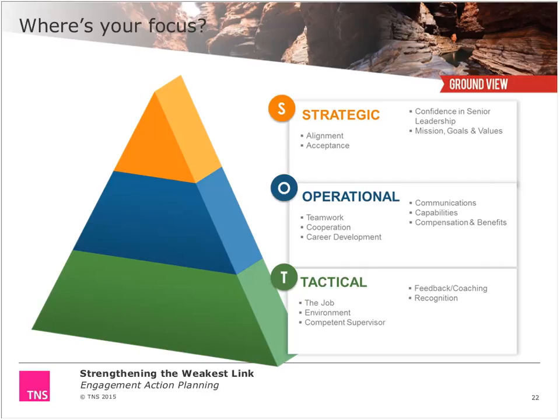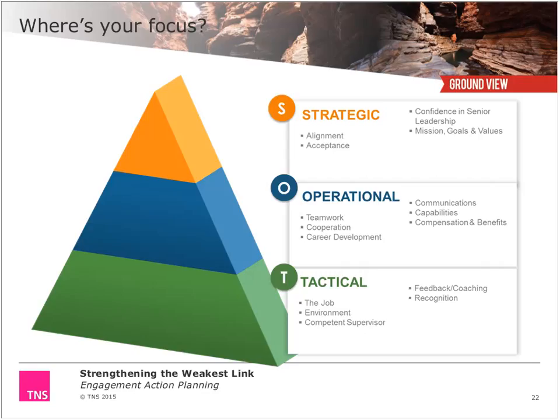So when you look at questions in there and we think about those, most frontline leaders can't really impact operational and strategic items as well as they can tactical items. And typically we find that most organizations have gaps and strengths in all three.